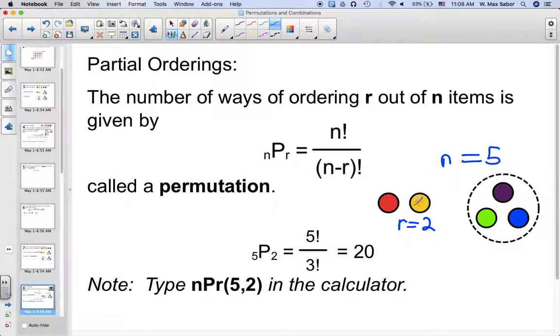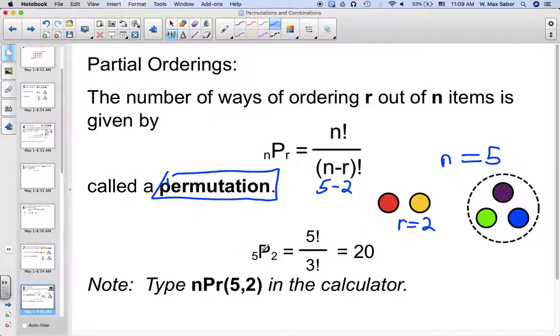There are 5 objects and we're choosing 2 of them and ordering those 2. This is pronounced nPr, and it is n factorial over n minus r factorial. So 5 factorial over 5 minus 2 factorial, which is 3 factorial, and that's called a permutation. With permutations, we care about the order.